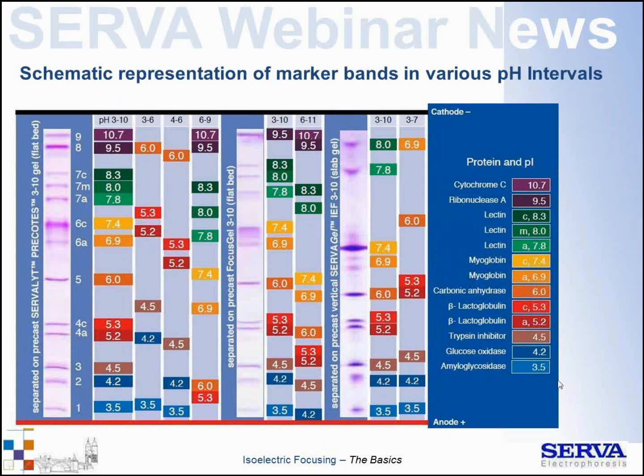How can you determine isoelectric points of proteins and identify more or less the proteins? Or yeah, identification is a little bit problematic, but very often you can do that. Yeah, there are marker protein mixtures with characteristic isoelectric points, with known isoelectric points. Highly purified proteins are mixed together, and that works very well for native conditions.